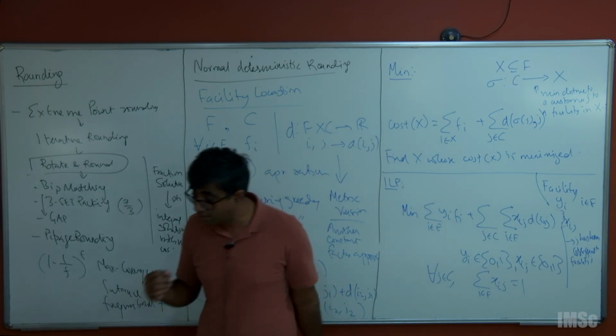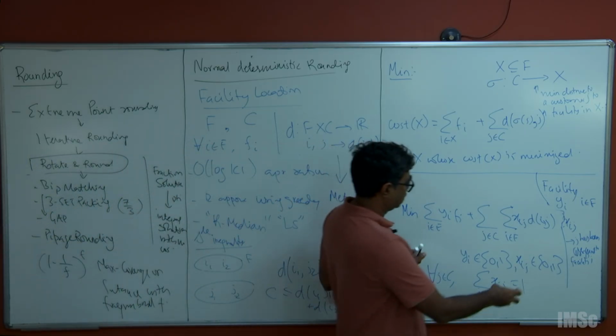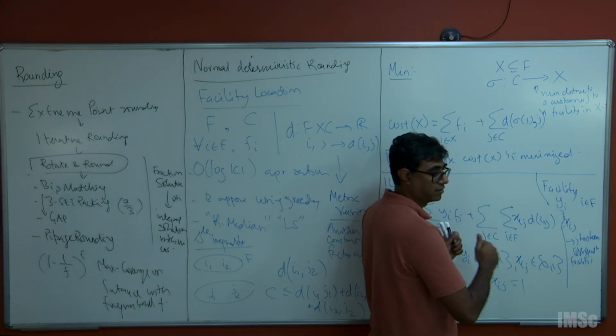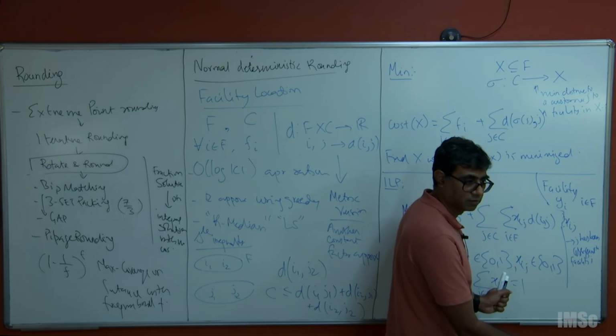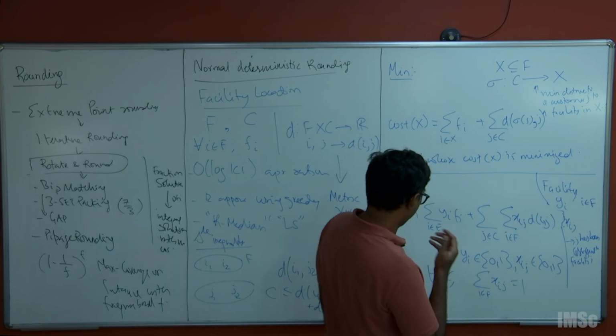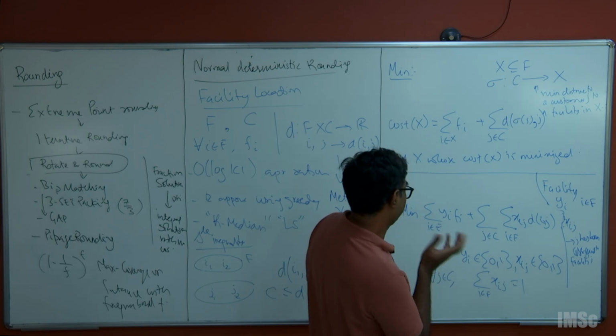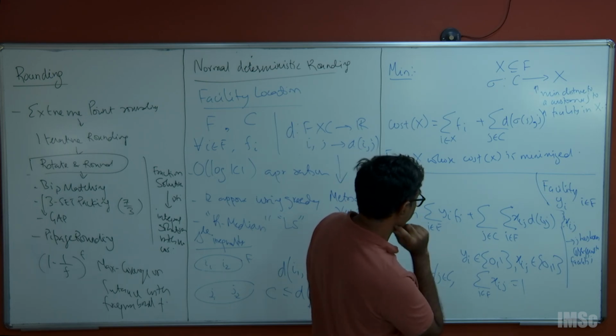Exactly. So why is it not sufficient? These x_ij and y_i's have absolutely no relation, right? So all I care about is, for example, look at this. What can happen?